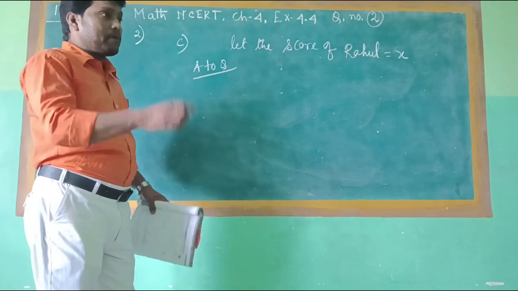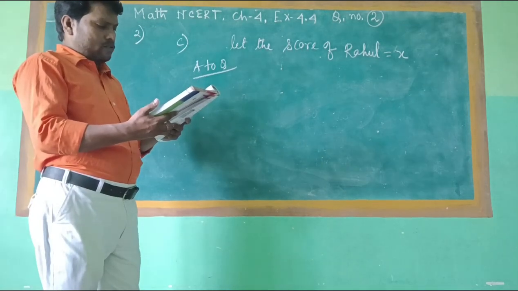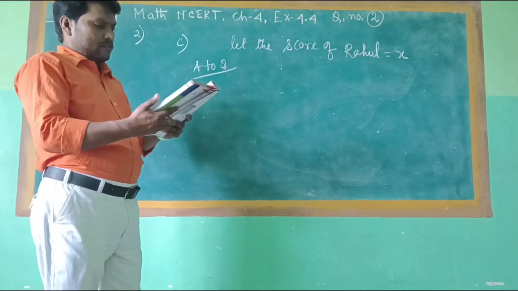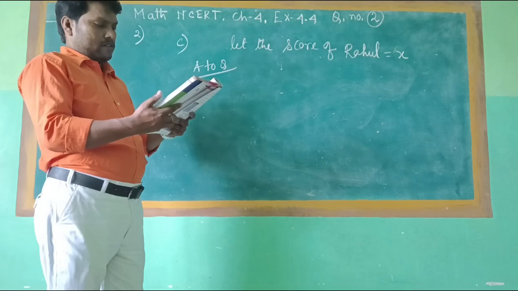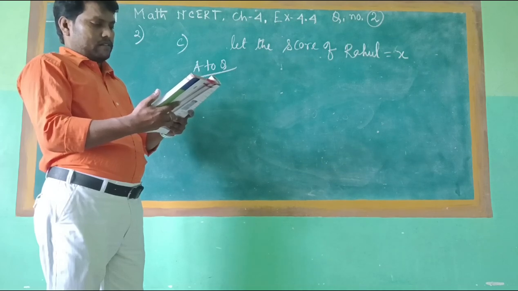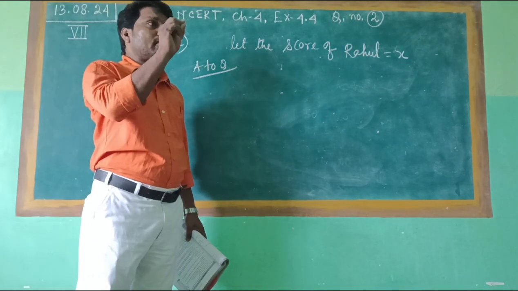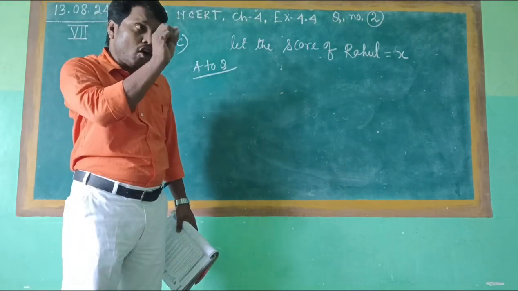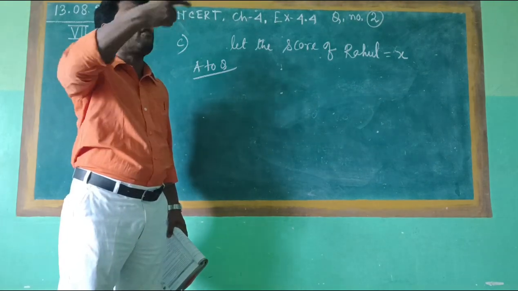So x plus 2x equal to, 2 short of a double century. Smaller than double century.